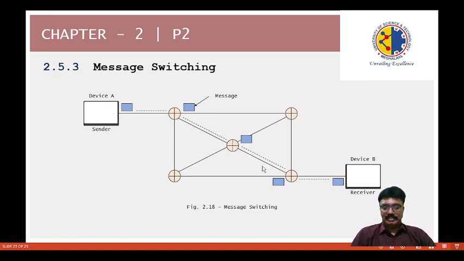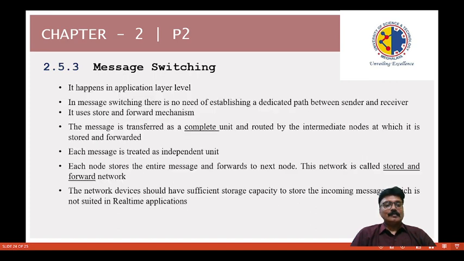So the entire message is transferred step by step via the routers or switches to reach the receiver. It happens at the application layer level, which is the top layer. That is the point we need to note here.